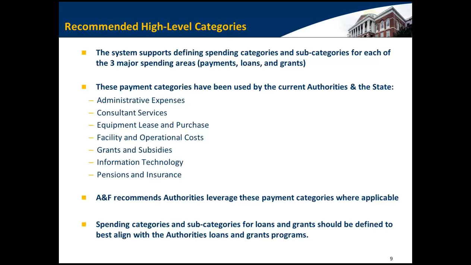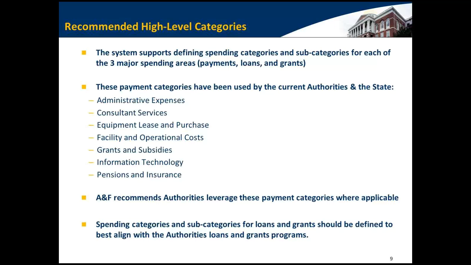So if you can make an effort to map to these high-level spending categories, that would be great. Obviously, there are some categories that you do not need, so you don't need to use those. And there are some categories that may be unique to your organization that you may want to add. The system has the flexibility to add those in, and you can tie your spending accordingly.